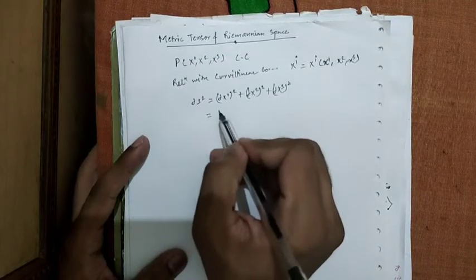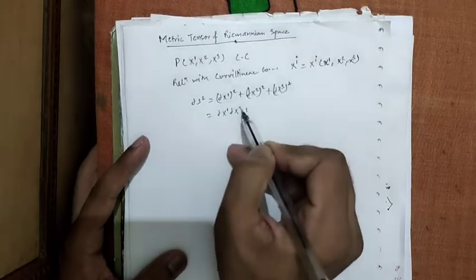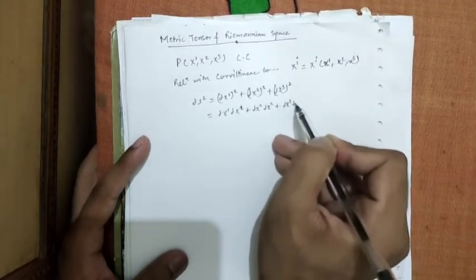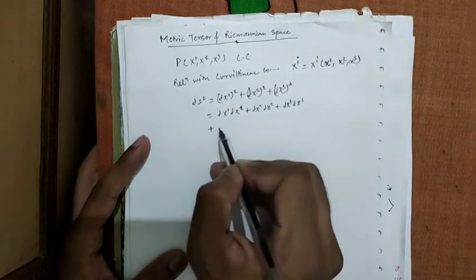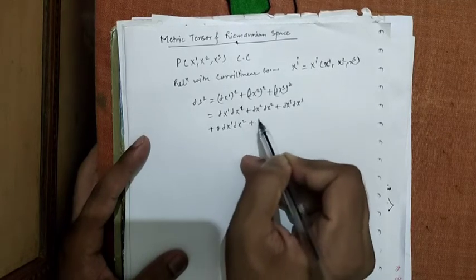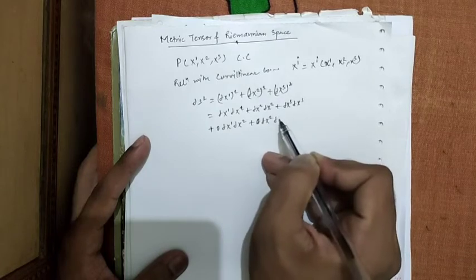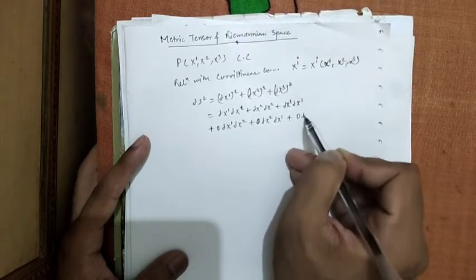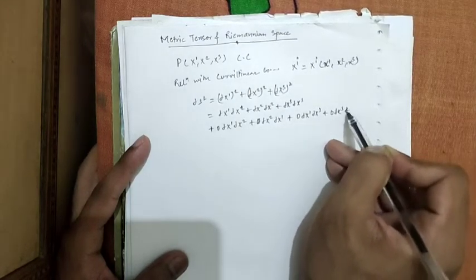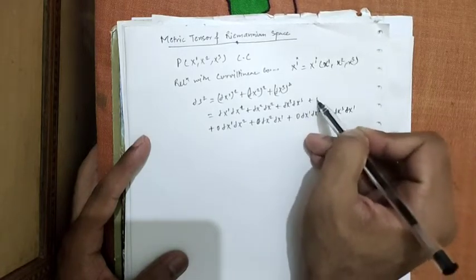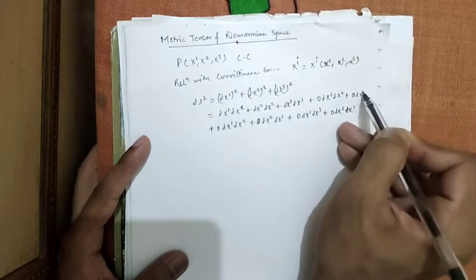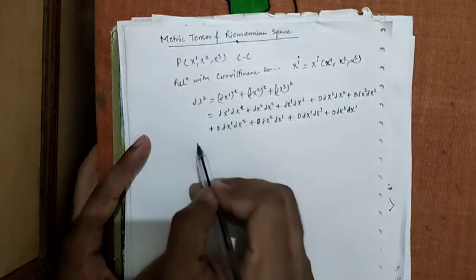Now we can also write it in expanded form with the cross terms, 0 dx1 dx2, 0 dx1 dx3, 0 dx2 dx3, and so on.